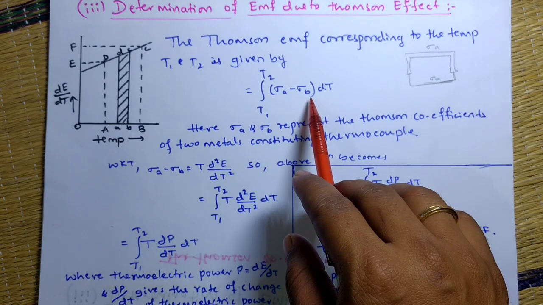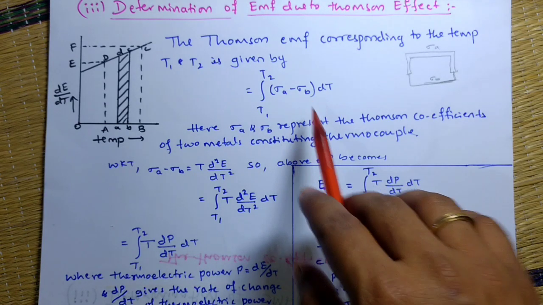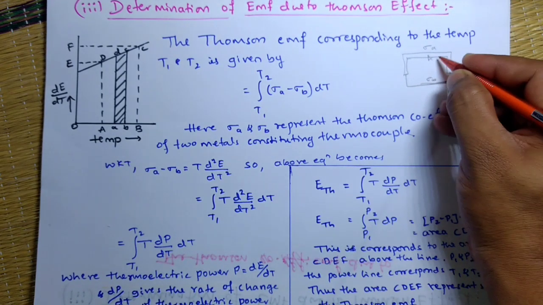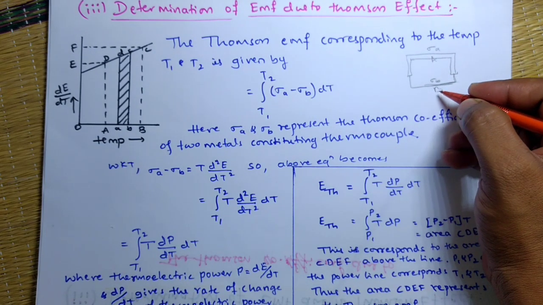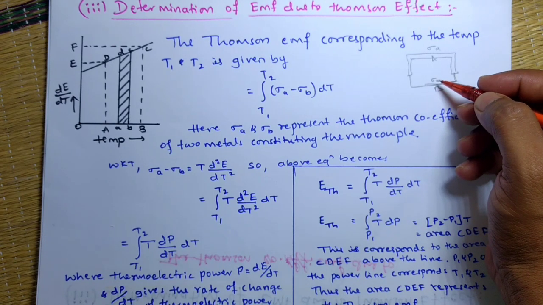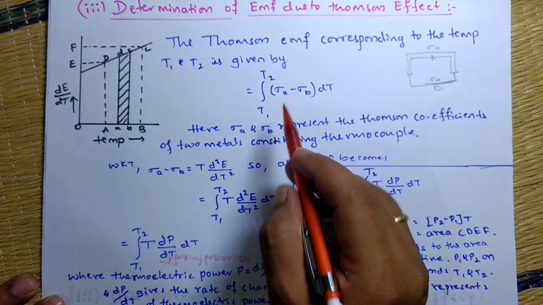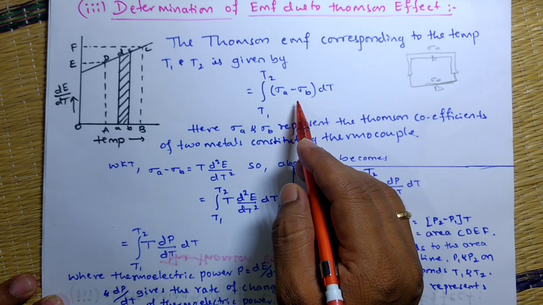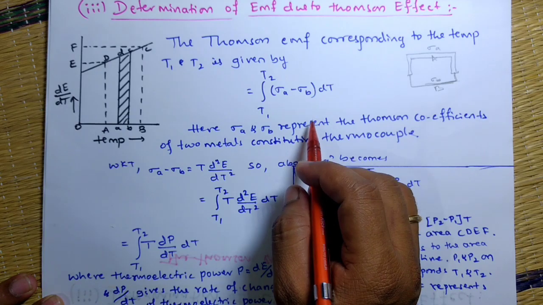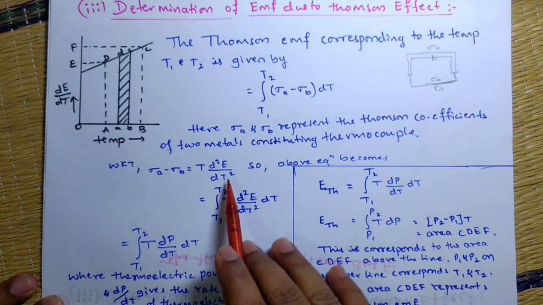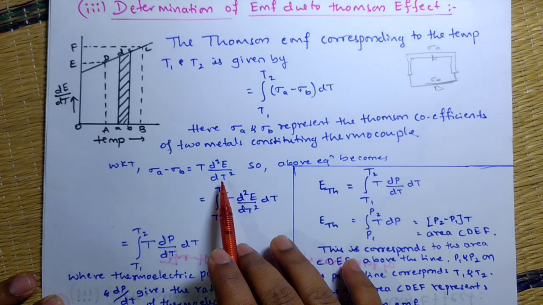Here sigma A and sigma B are the Thomson coefficients of the metals A and B constituting the thermocouple, right? And we already know that sigma A minus sigma B is equal to T into d squared E divided by dT squared, that we have already derived in the previous video lecture.